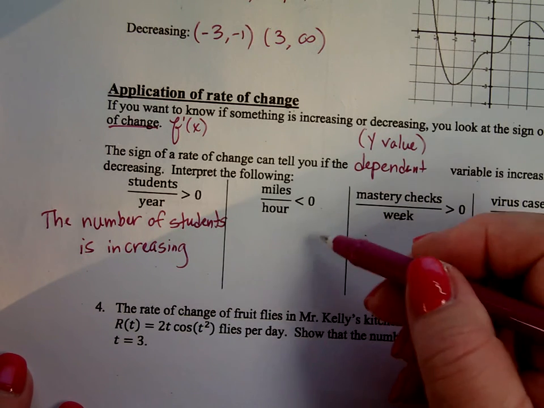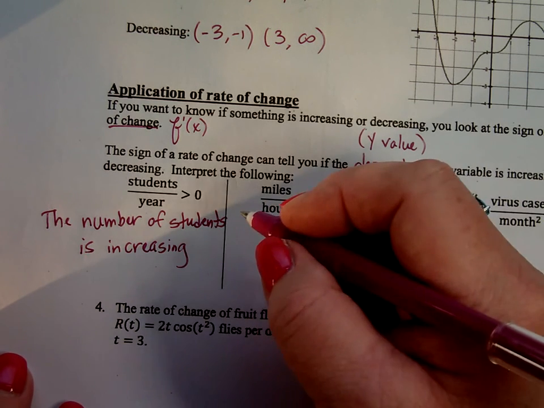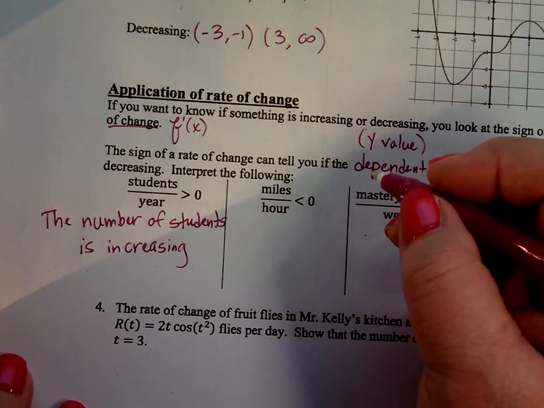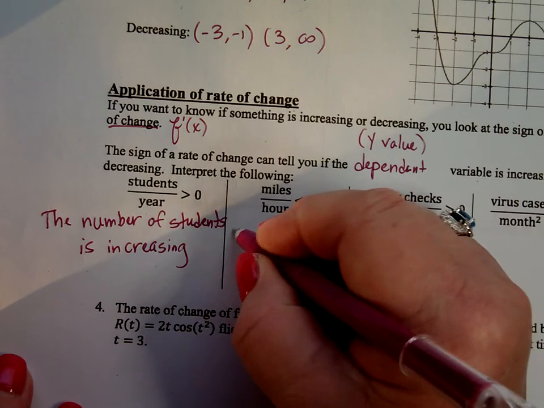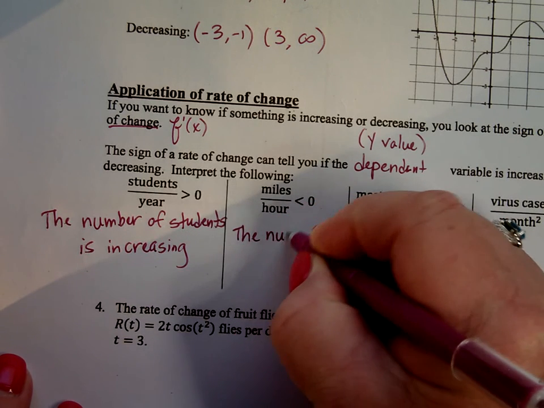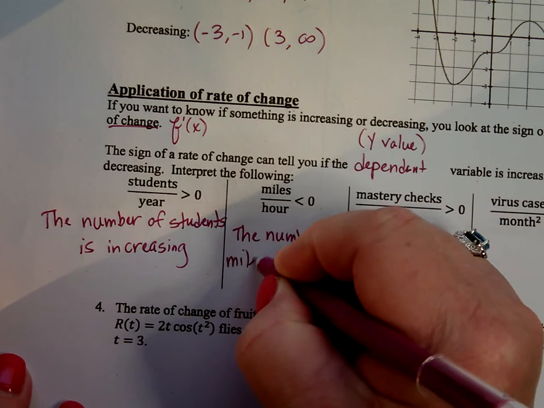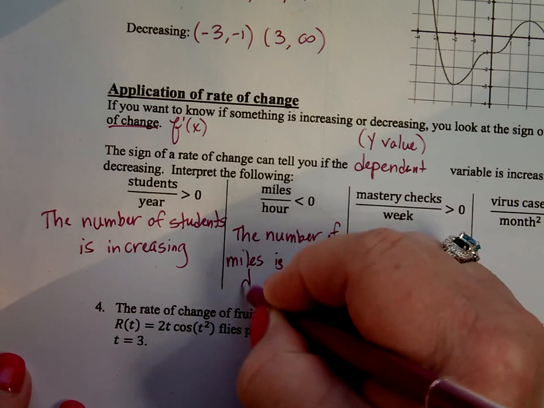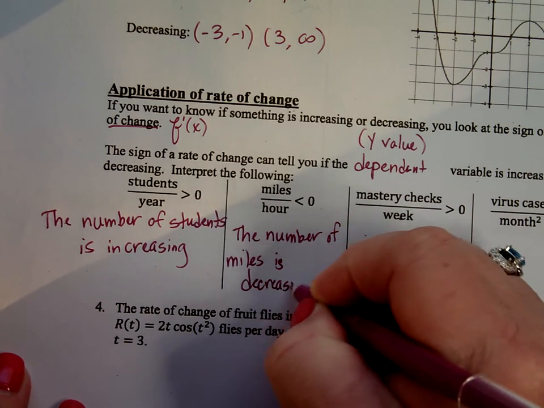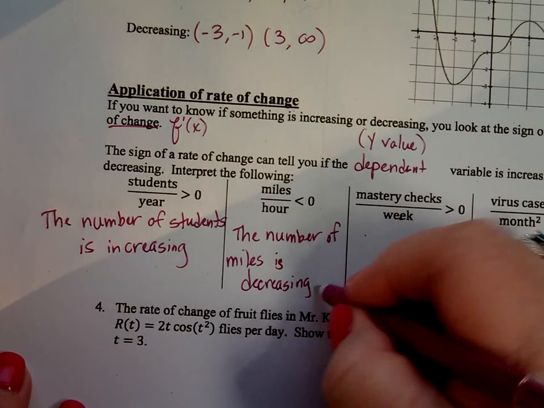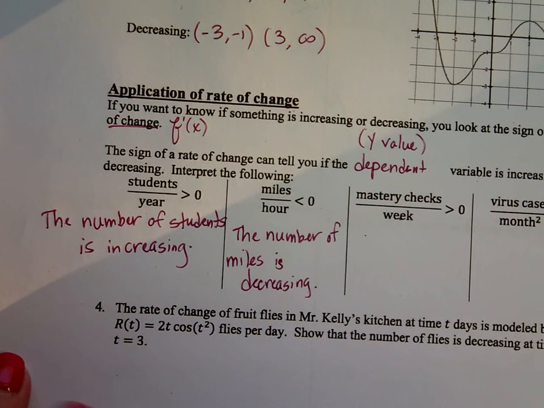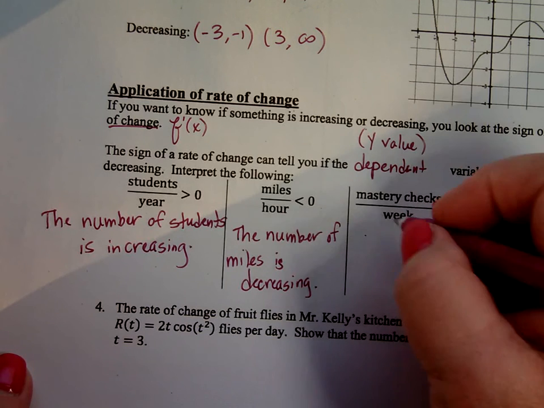The next one is less than 0. That's going to be a decreasing situation. So the number of miles is decreasing. Next one is mastery checks per week are greater than 0, so the number of mastery checks is increasing.